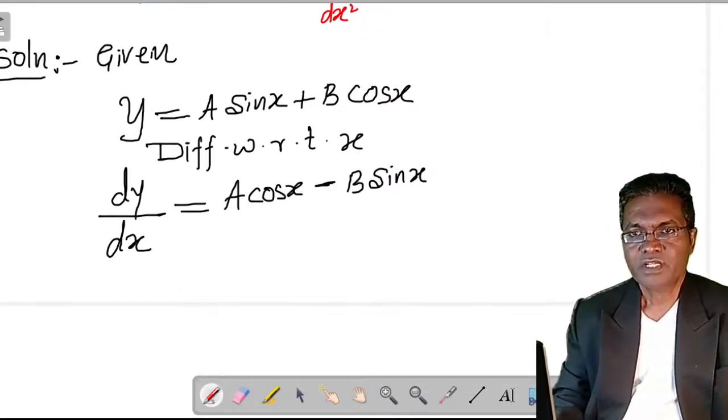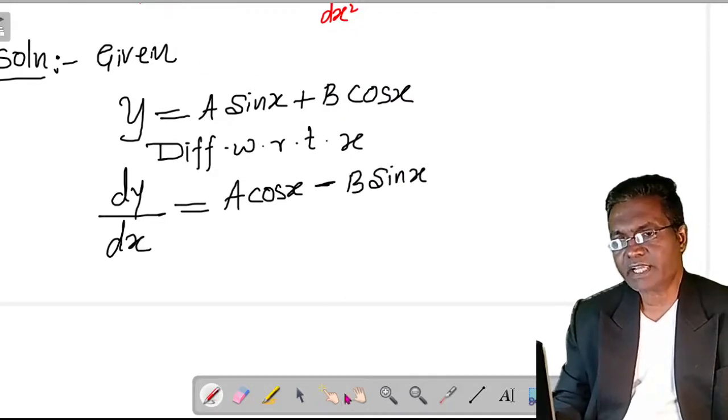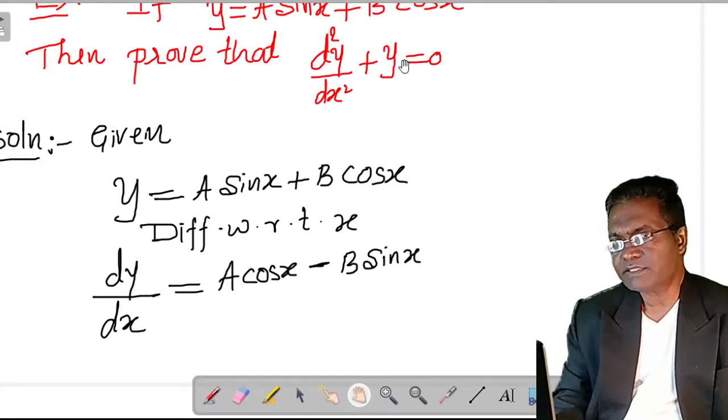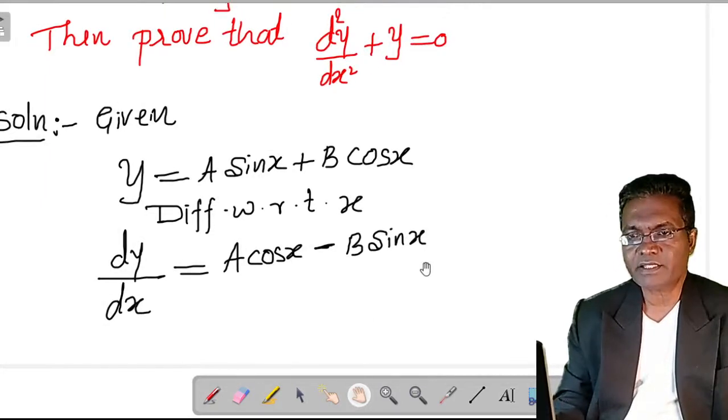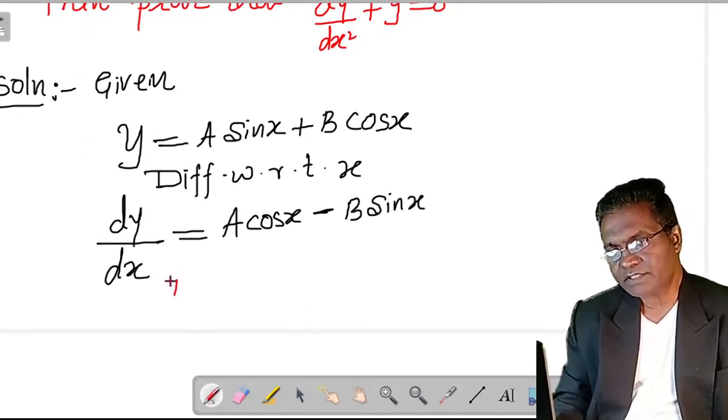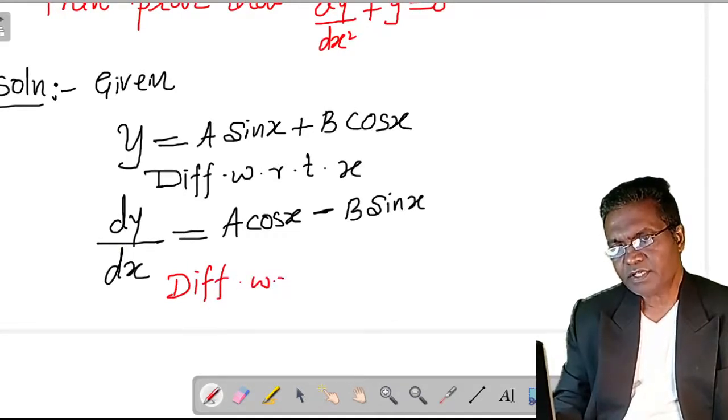Now we are concerned with the second derivative. We have to prove second derivative plus y equal to 0. So differentiate once again, redifferentiate this. It's a simple example. Differentiate with respect to x again.